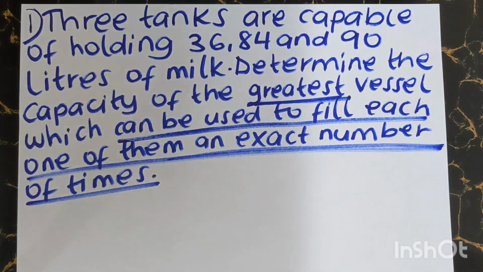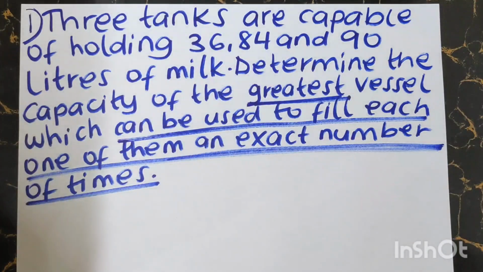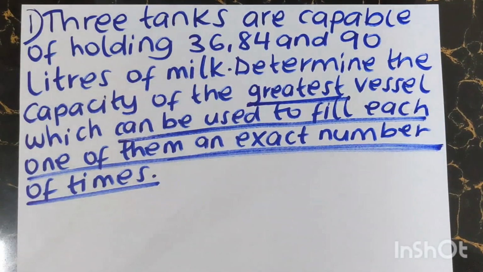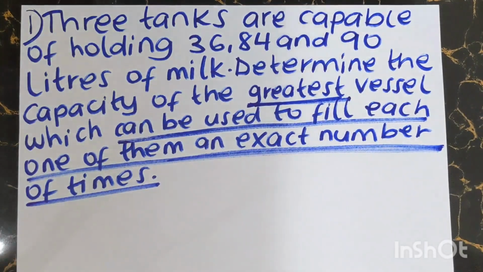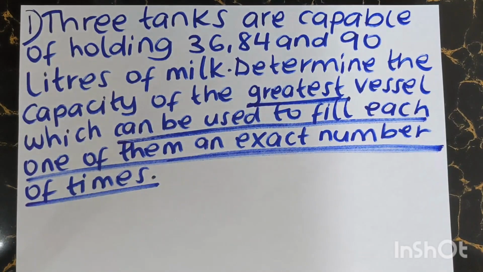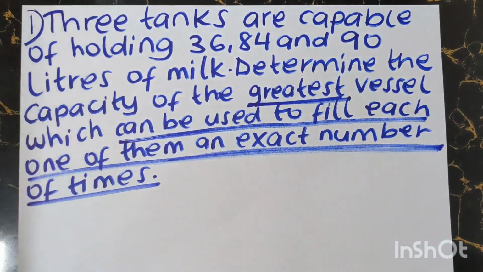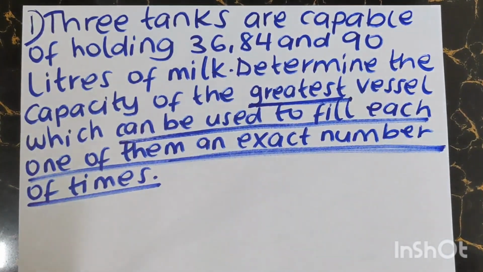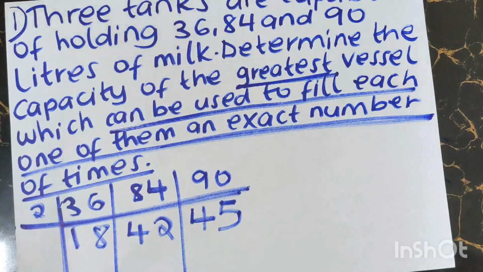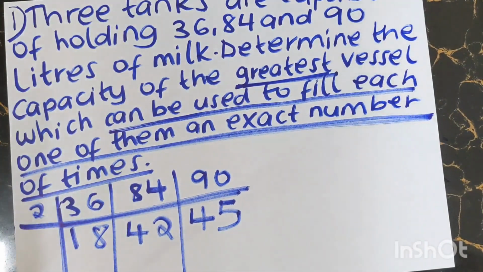What I mean is you have to divide the numbers with one number that can divide all of them. You'll start by dividing by 2. 36 divided by 2 is 18, 84 divided by 2 is 42, and 90 divided by 2 is 45. Since 45 is not divisible by 2, we can't divide these numbers by 2 any further.